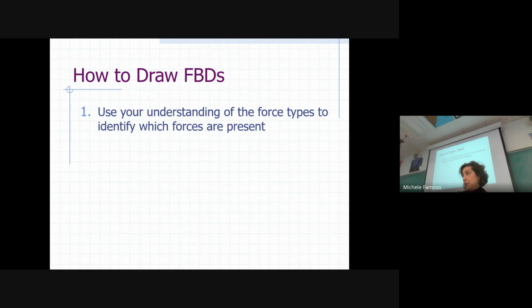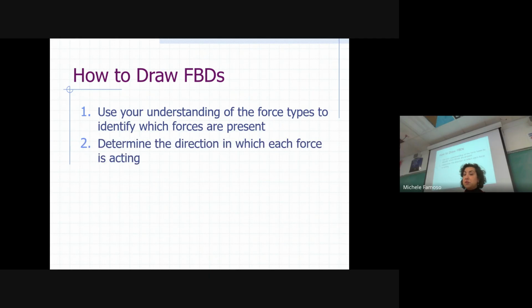If there's a person pushing or pulling, then you know you have to have an FAPP arrow. If it's on a planet or near a planet, then you got to have an FG arrow. Is there a spring in this problem? Then you better have an FS arrow. Those are the kinds of things you're going to ask yourself to help you identify which forces are there.